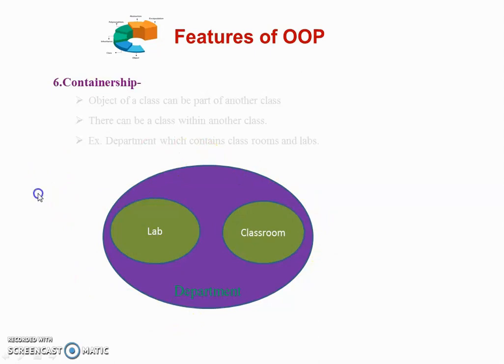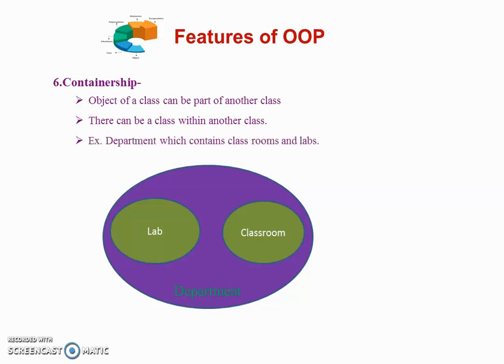An object of a class can be a part of another class. A classroom object can be used in a department object, and a lab object can be used in a department object. There can be a class within another class. It means in containership we can define one class inside another class. So the department contains the classroom and lab classes together inside it.